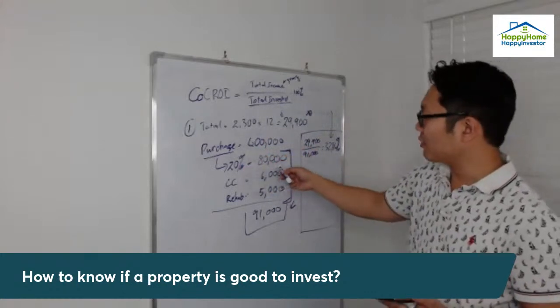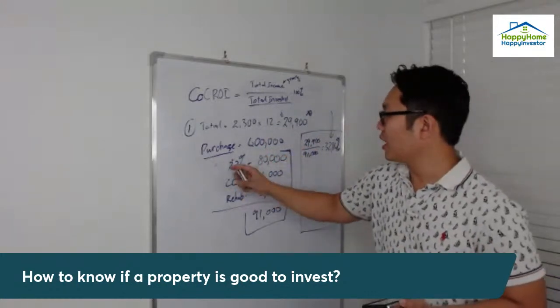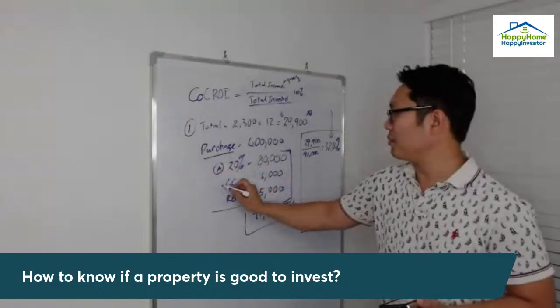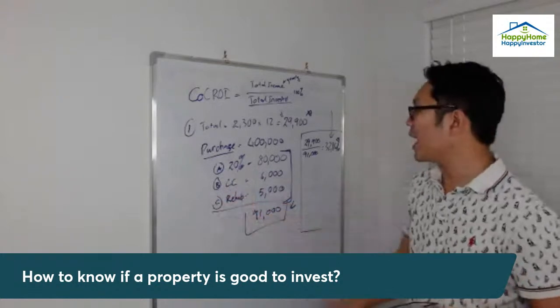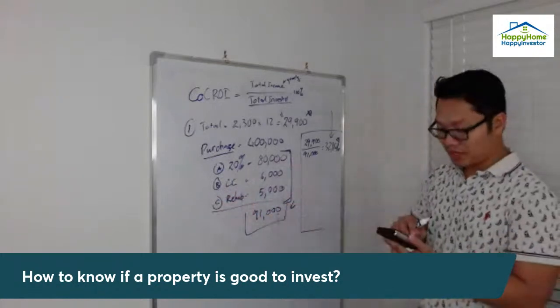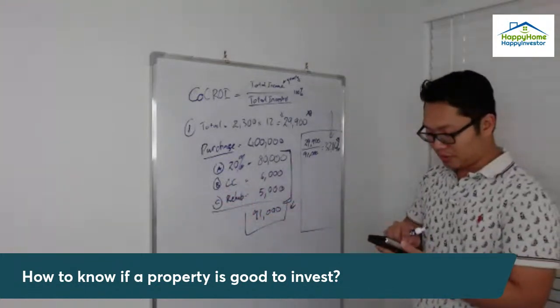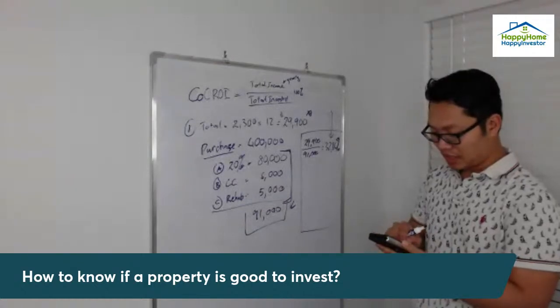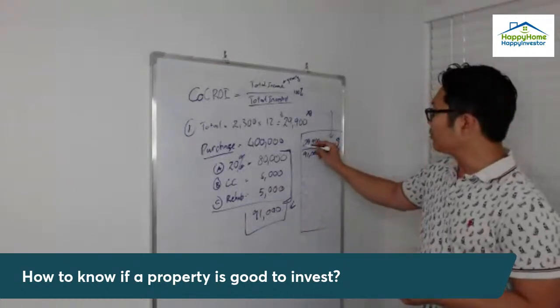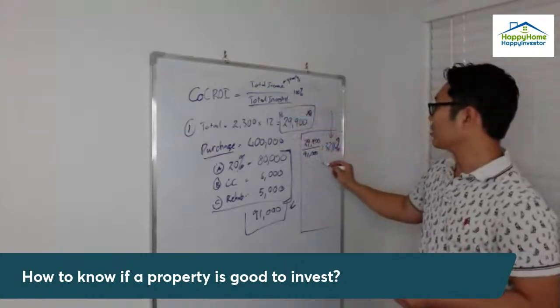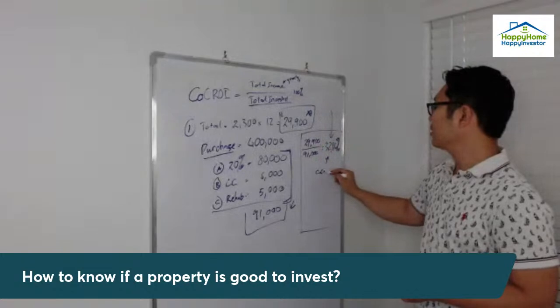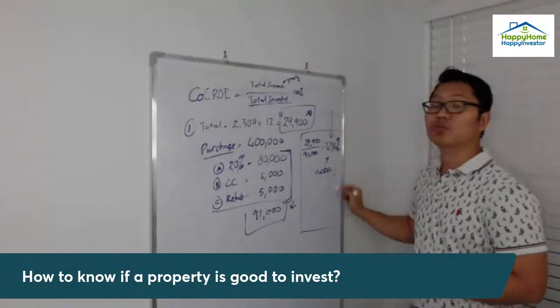Then you have to calculate the cash that you have to put in for the down payment, for the closing costs, and for the rehab, which is this number right here. 80,000 plus 5 plus 6 is 91, and then you divide these two numbers to get the cash on cash return ROI. So that's about 32.86%.